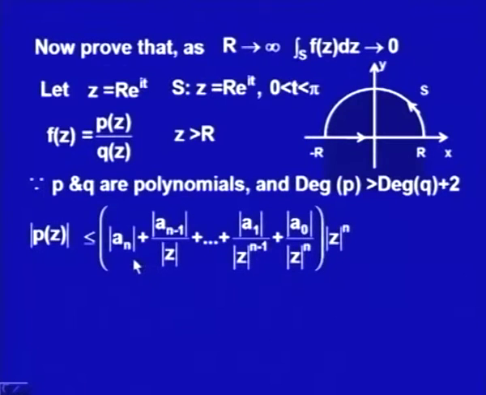Also, mod of x into y is equal to mod of x into mod of y, so we can separate it again. Finally, mod of p(z) is less than or equal to mod a_n plus mod a_(n-1) upon mod z plus and so on, plus mod a_1 upon mod z^(n-1) plus mod a_0 upon mod z^n, into mod z^n.